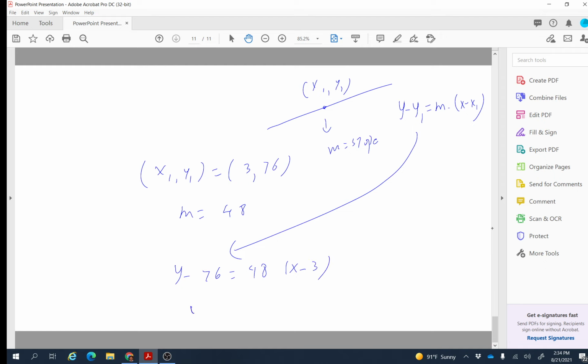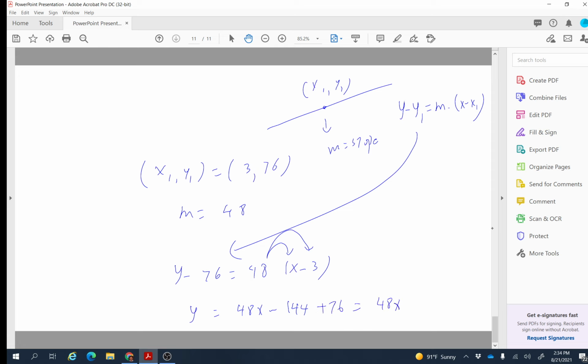Now just simplify this. I can just add 76 to both sides, meaning I'm bringing this 76 to the right side, and distributing this 48 here. So 48x minus 3 times 48, which is 144. And if you add 76 to both sides, there will be 76 here.